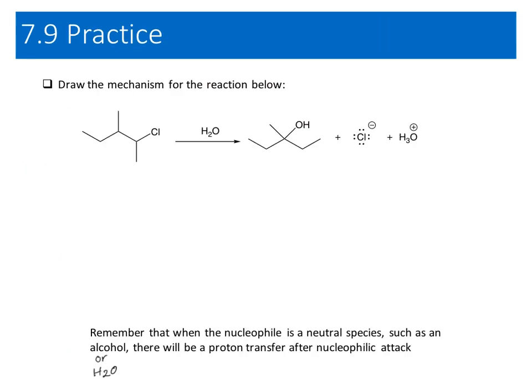Now let's look at this practice problem. So this is an SN1 mechanism, and we are supposed to draw the mechanism for this reaction. So let's draw the mechanism here. The substrate that we have is an alkyl halide.